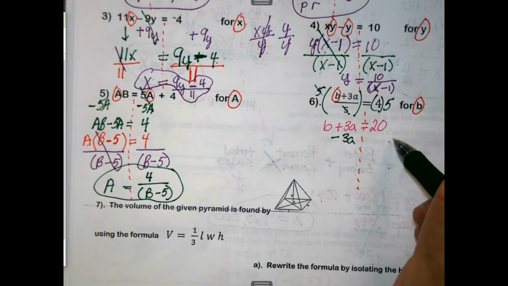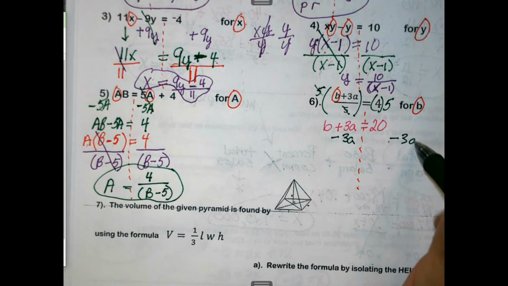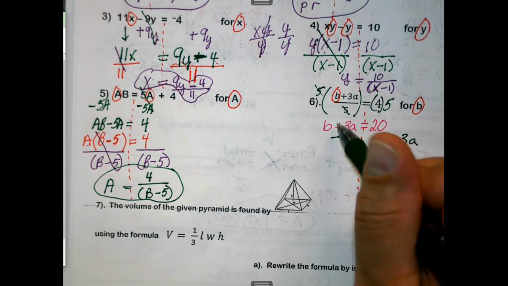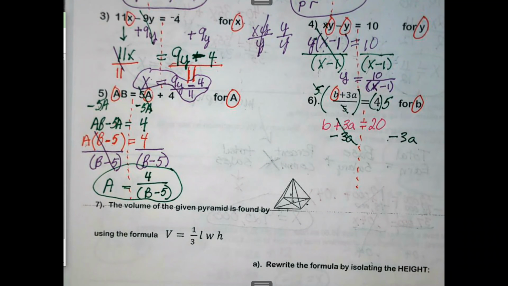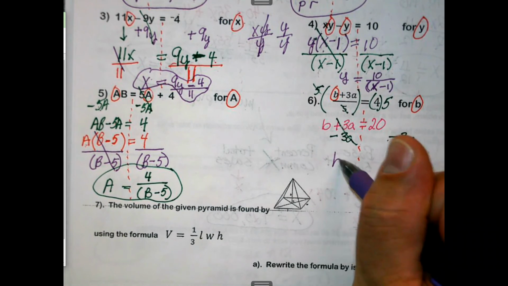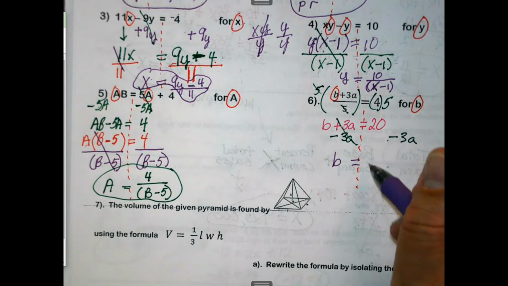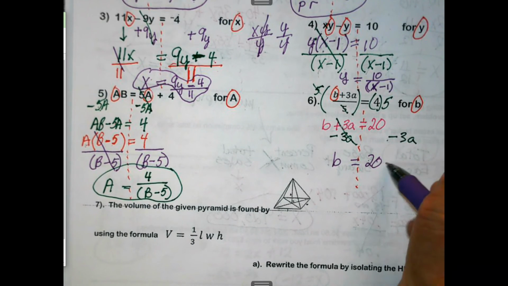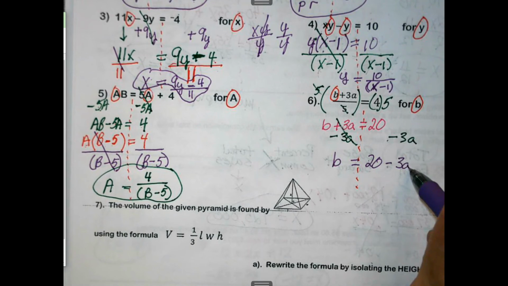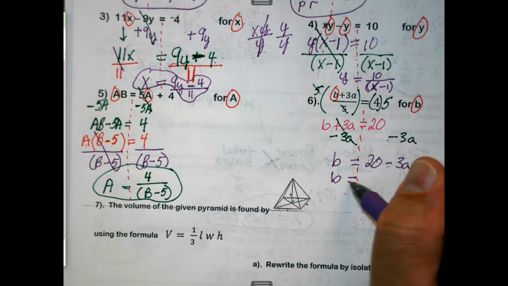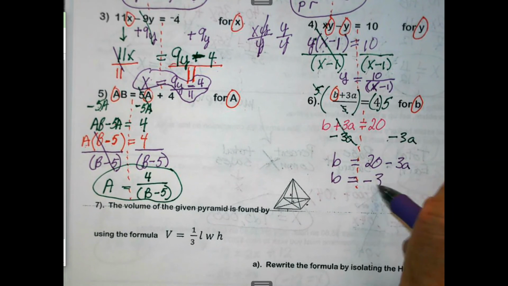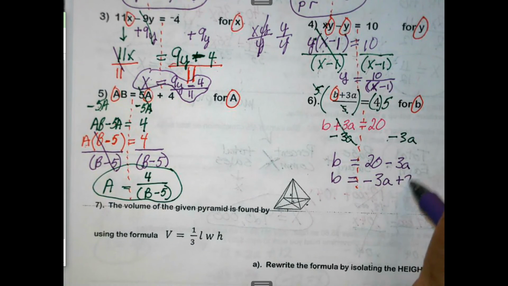I'm going to put it off here to the side because these are unlike terms. So my b is going to equal 20 minus 3a, or if you want to make your algebra 2 teacher really happy, minus 3a plus 20.